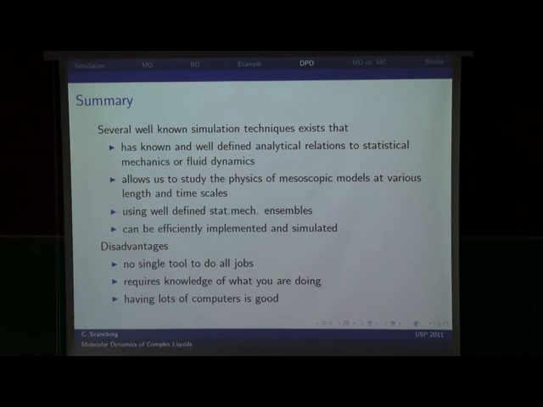So, to summarize, several known simulation techniques exist, and they have well-defined analytical relations to statistical mechanics or fluid dynamics. So, for instance, we can do Newtonian dynamics, we can convert this into Liouville dynamics, and we can study the properties of a sample propagated with Liouville dynamics and so on.